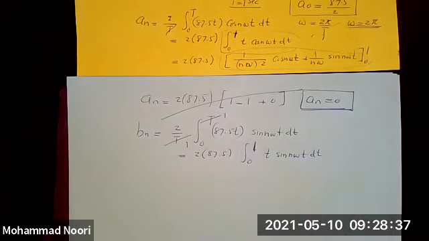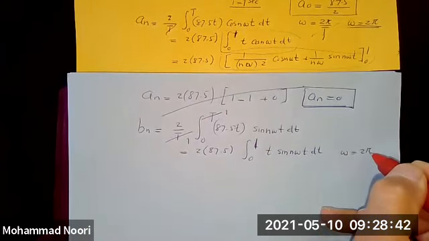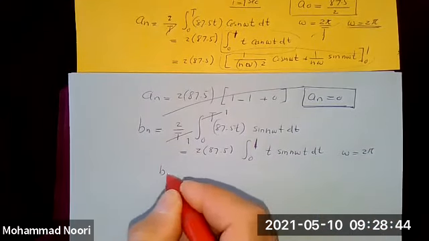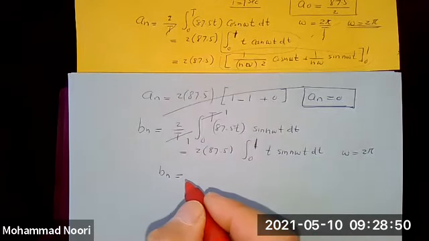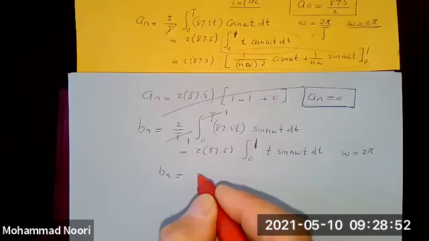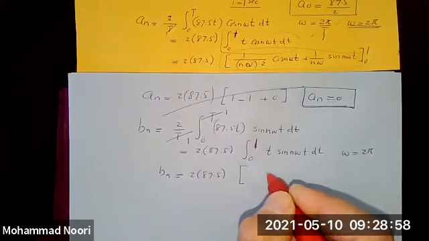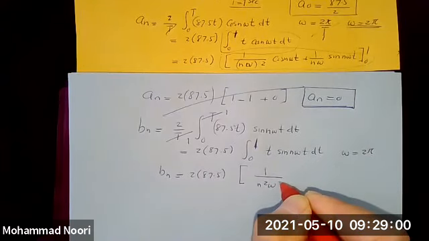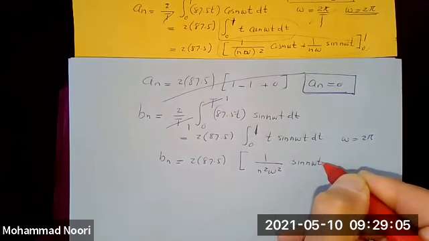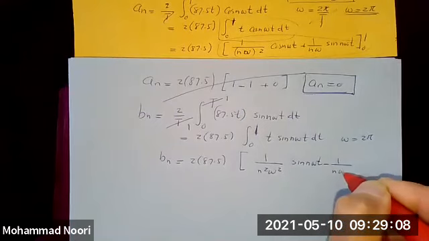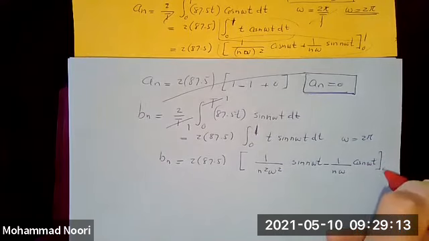Again, doing the integration by parts and substituting for omega, which is 2 pi, will result in b_n being 2 times 87.5 bracket 1 over n squared omega squared sine n omega t minus 1 over n omega cosine n omega t from 0 to 1.